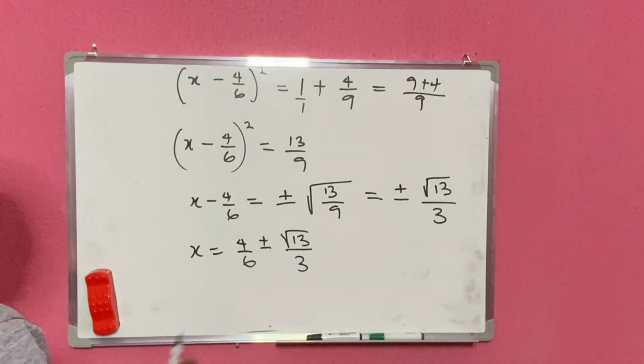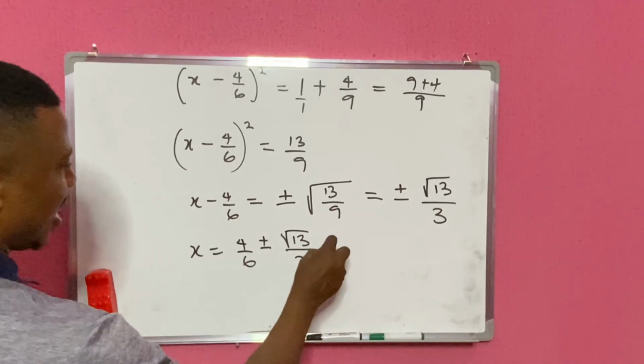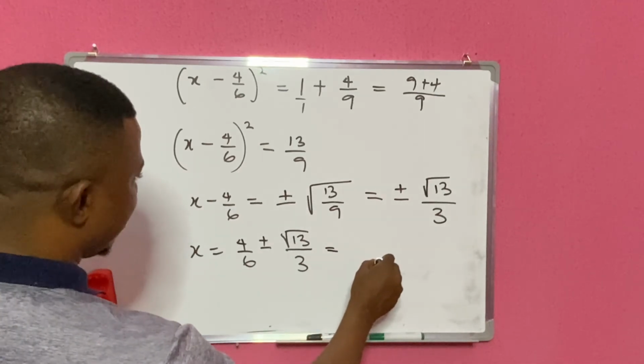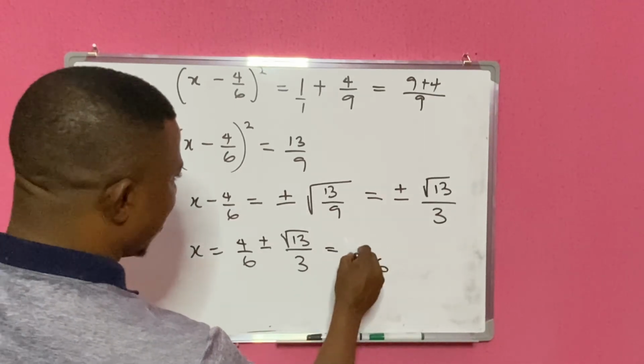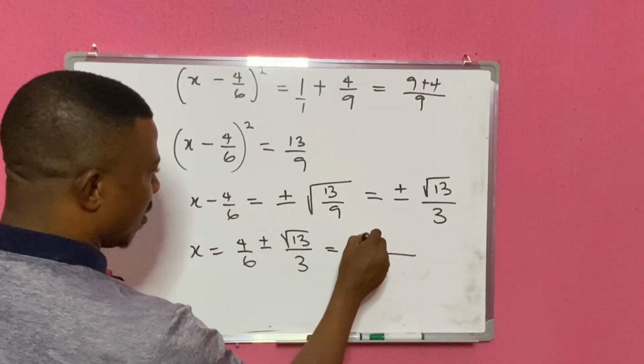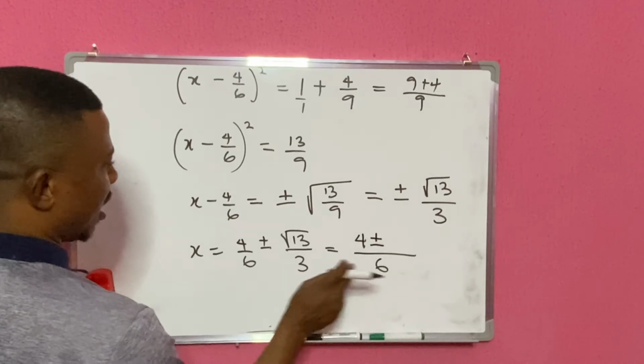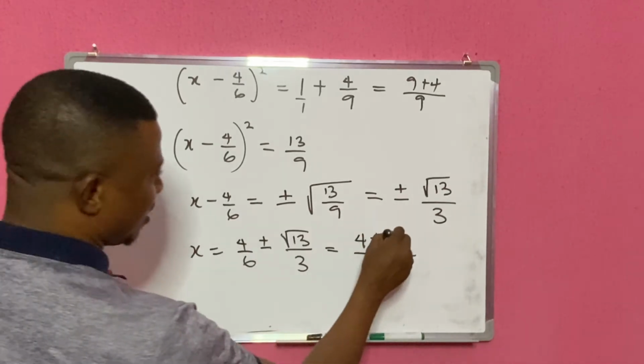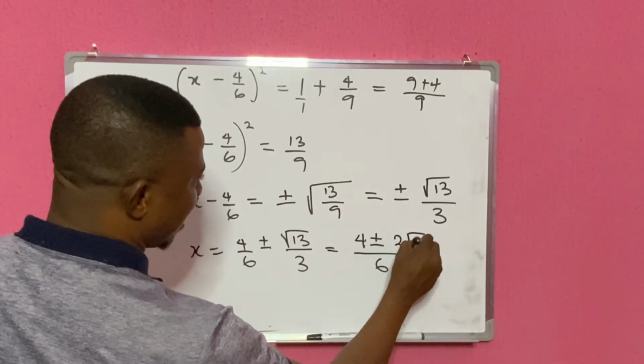Now, what's the LCM here? It is 6. 6 by 6 is 1, and this gives us 4 plus or minus, and here it gives us 2 times this, 2 root 13.